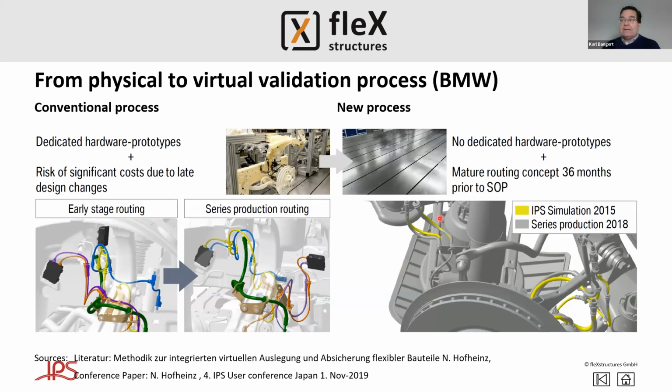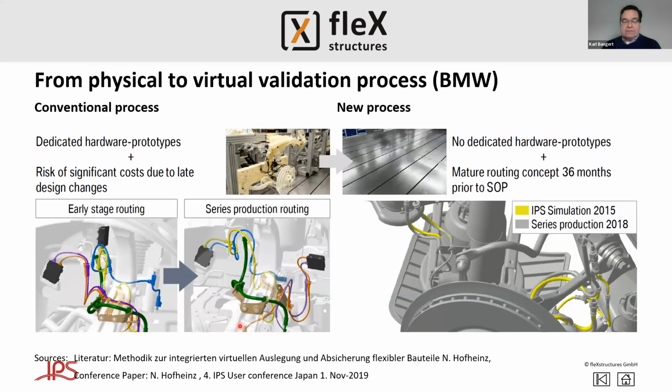One example that we presented jointly with BMW, a longtime client of ours, is this move toward virtual prototyping and virtual validation, where in the past, mock-ups of vehicle systems included physical bucks, 3D printed materials, a lot of time and effort put into making a test floor to look at routing configurations.